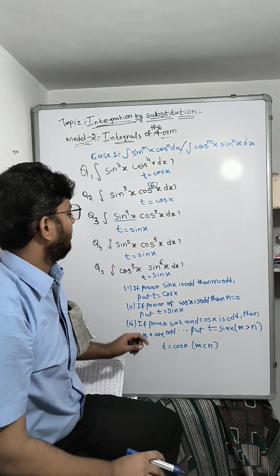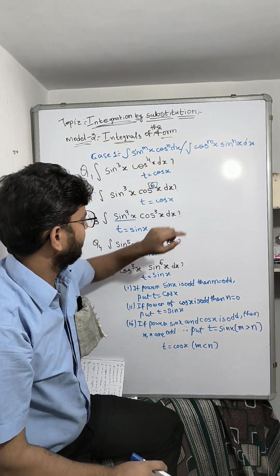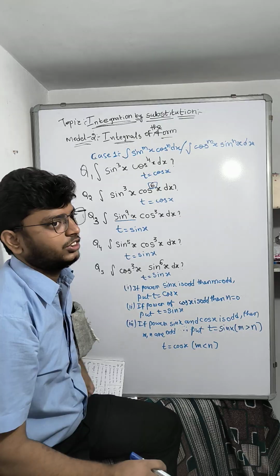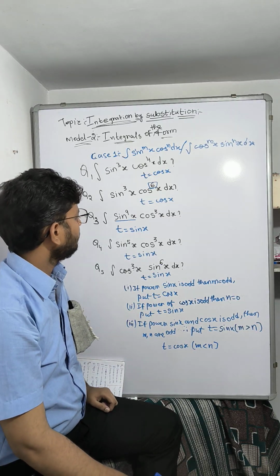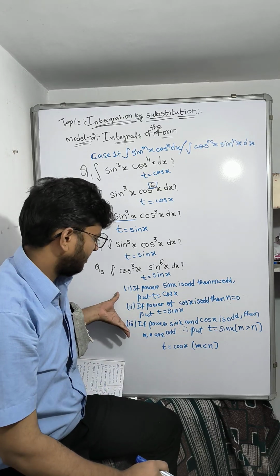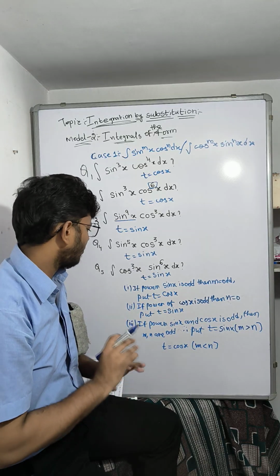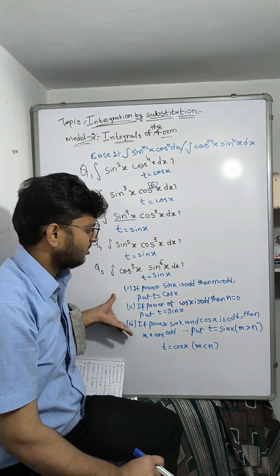It is looking like that only, no? These four are in the form of the first condition. Do you have to remember these three in case number 1? No, not at all. Don't consider this.